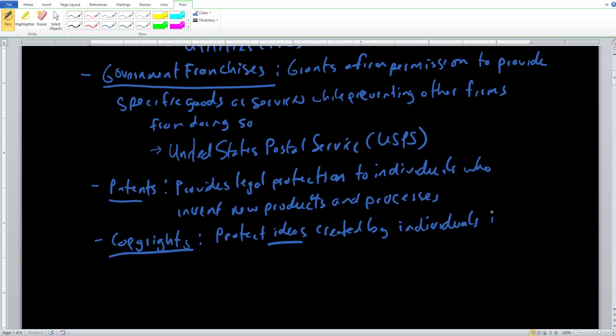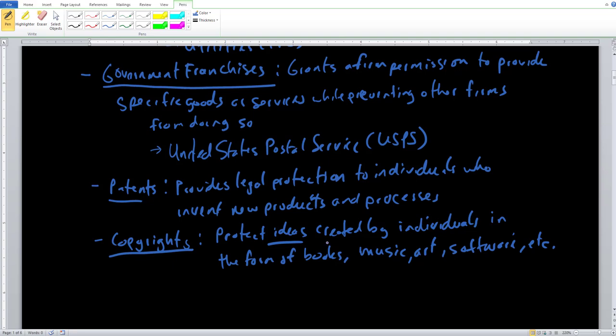So it can be in the form of books, music, art, software, etc., etc. So here, once again, these copyrights are closely related to patents, except copyrights are now going to protect the ideas created by individuals in the form of books, music, art, software, etc.